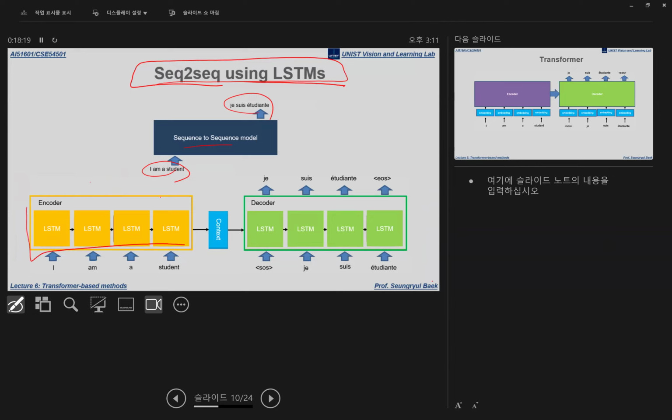They are also composed of encoder and decoder architectures. The encoder is for extracting features, and the decoding process is generating the final output from the intermediate features. Okay.